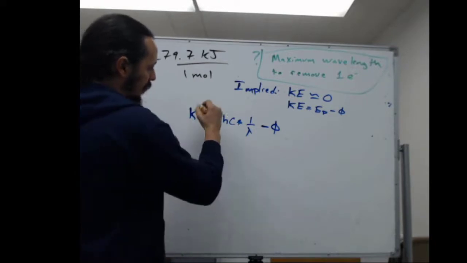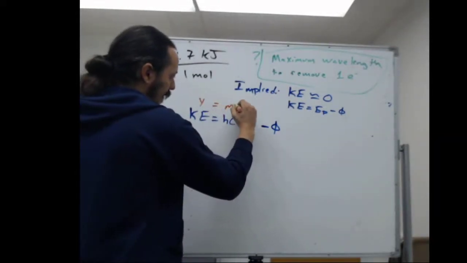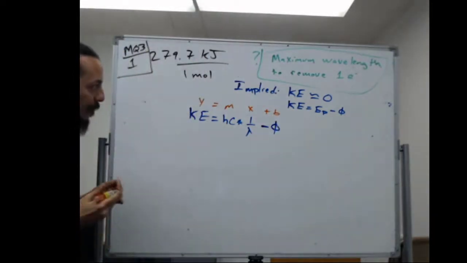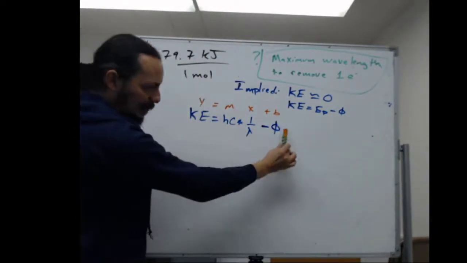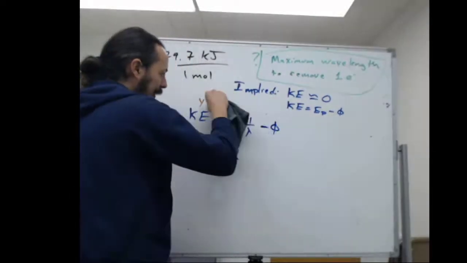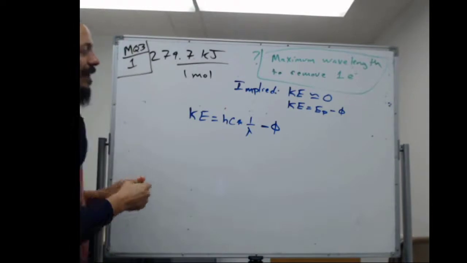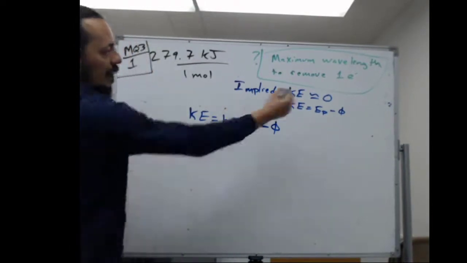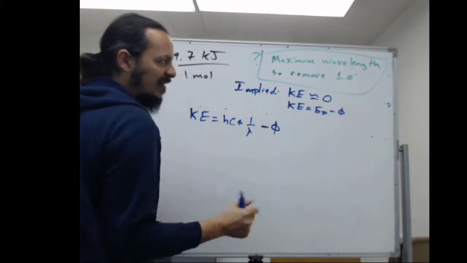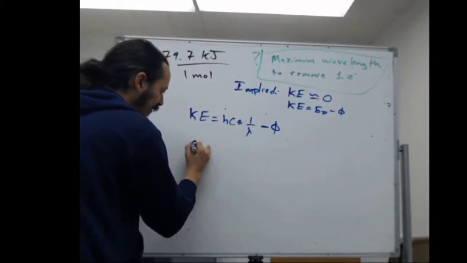Just a little foreshadowing: y equals mx plus b. Don't need that for this problem. Let's go ahead and plug in the values that we know. Since we're looking for this maximum wavelength, smallest energy, kinetic energy is approximately 0.